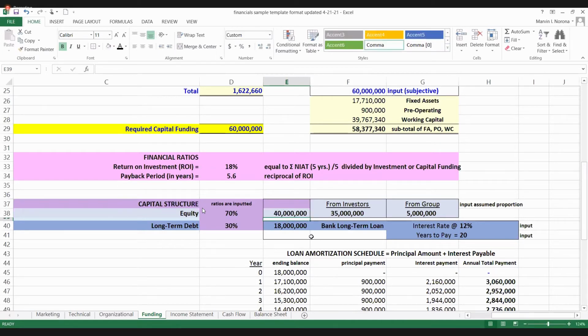Tapos dito, 20 million. So, yung 40, pwede magiging 35 galing sa investors, 5 million from the group. Tapos yung 20 million, pwede manggaling sa bangko. Okay? Tapos may mga assumptions din. Ano yung interest rate? 12%. Pwede rin yung years to pay na 20.